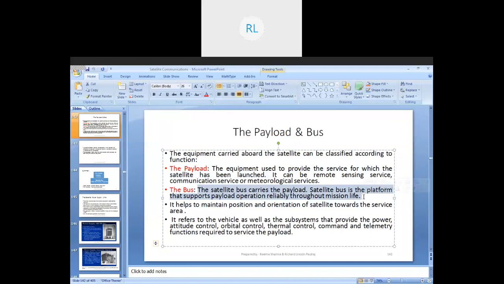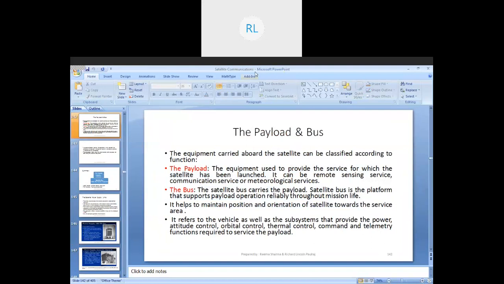The satellite bus is the platform that supports payload operation reliably throughout the mission life, which means till the time it is put in its orbit. The importance of the bus is to make sure that the payload reaches space from the Earth station and that it keeps the payload in place. That's the mission of the bus.